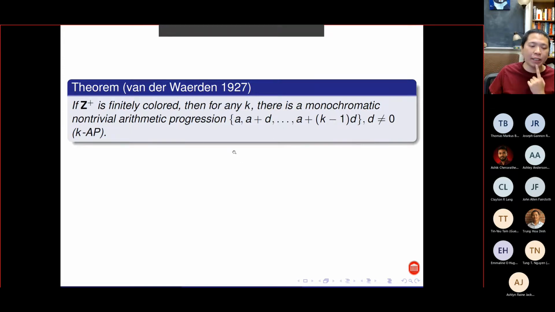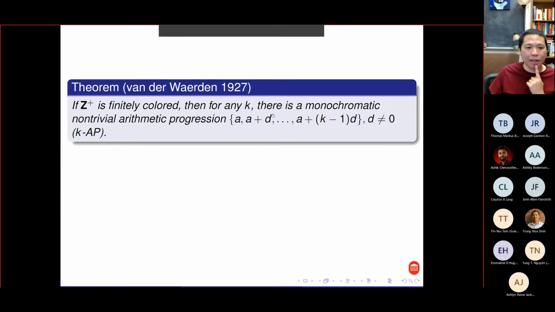So this is highly non-trivial because a coloring is just arbitrary. You color the integers however you like. But an arithmetic progression is a very structured set. And it turns out that we can find such structure inside any coloring. So that's quite surprising.